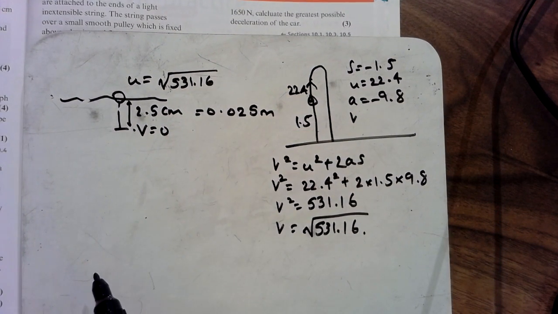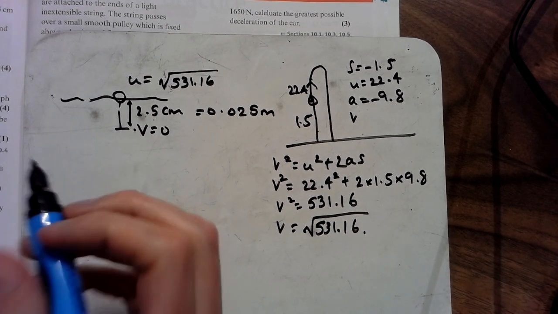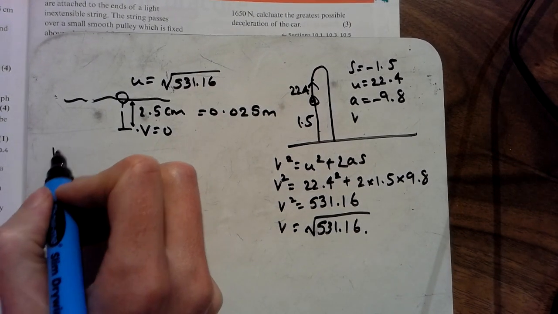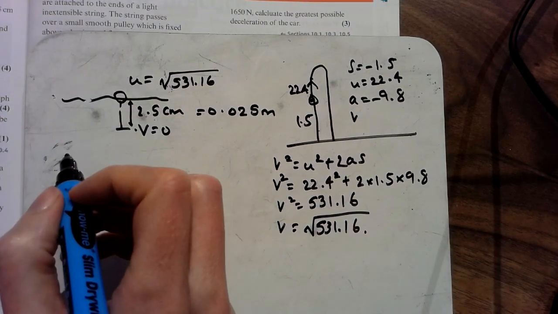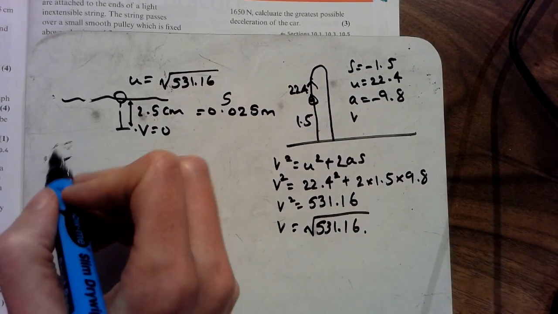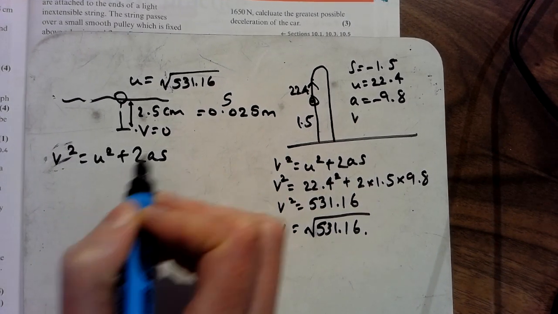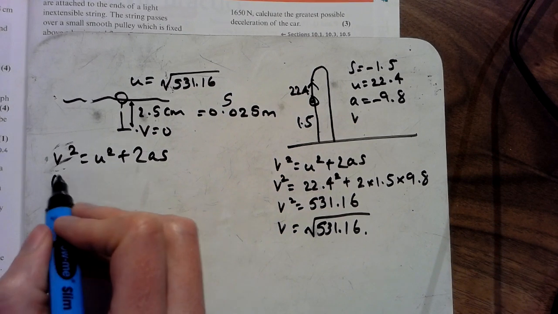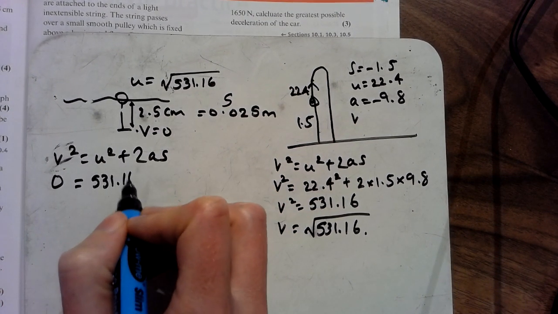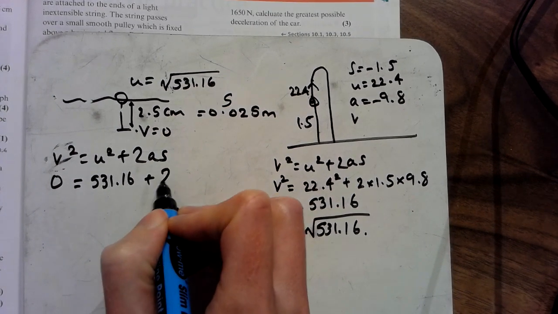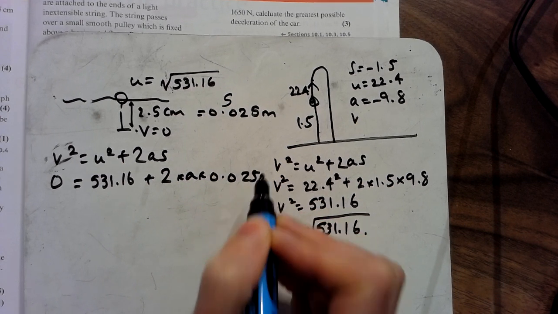So let's do the deceleration. So I want V squared equals U squared plus 2AS. So V squared is 0. U squared will be 531.16 plus 2 times A times 0.025.